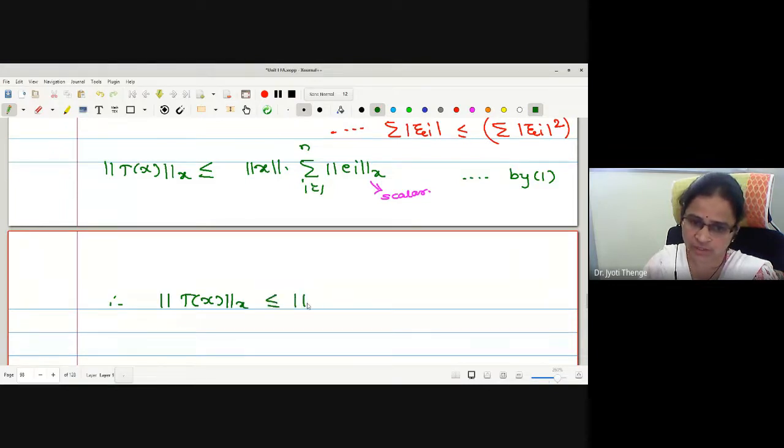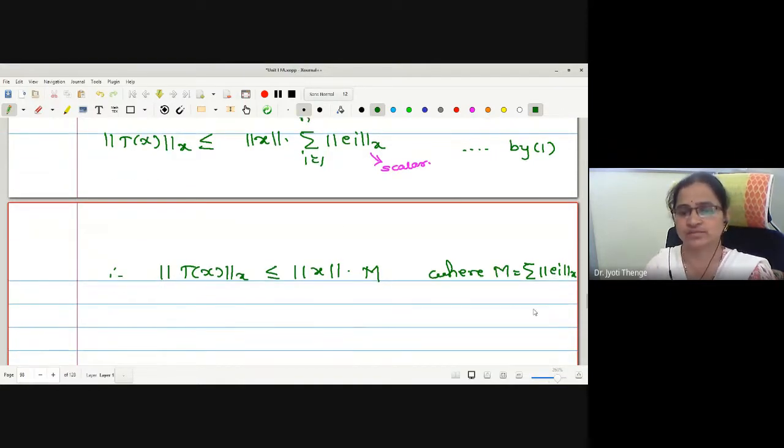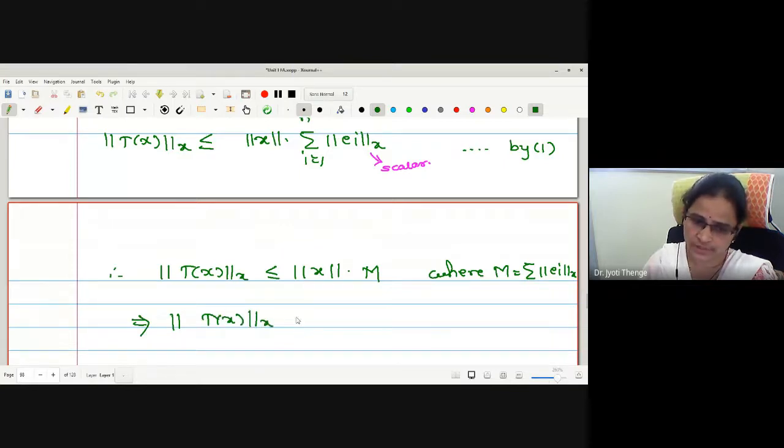I'm going to write this as norm x times capital M, where M is summation norm x of e i. Norm is a scalar quantity always, and addition of all scalars is a scalar again. Therefore, norm x of T of x is less than or equal to M times norm of x.